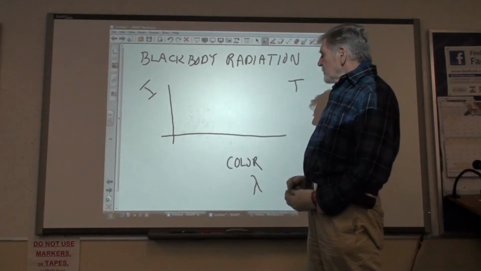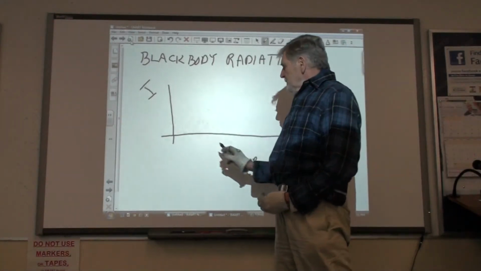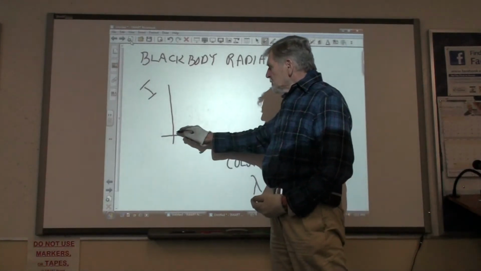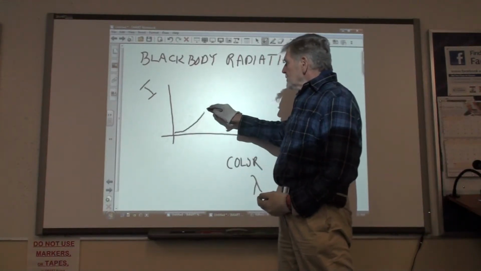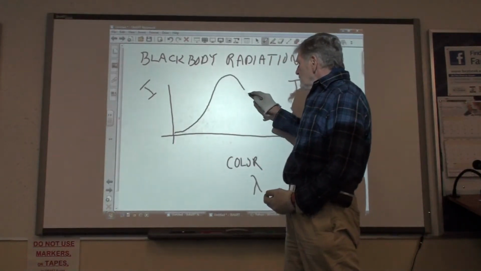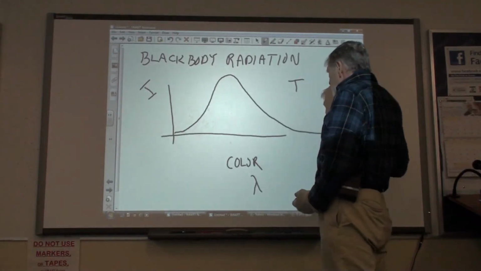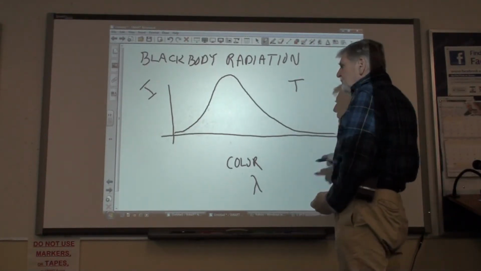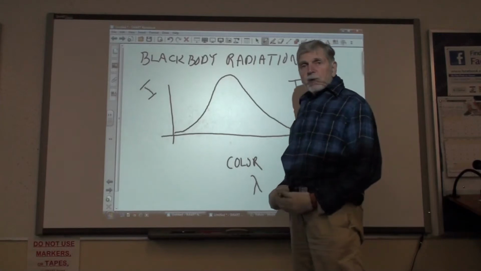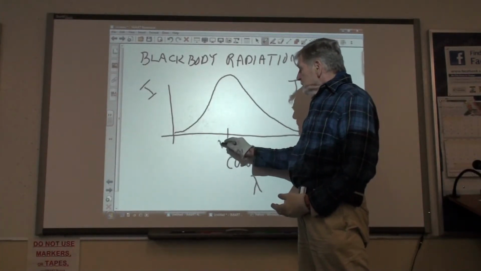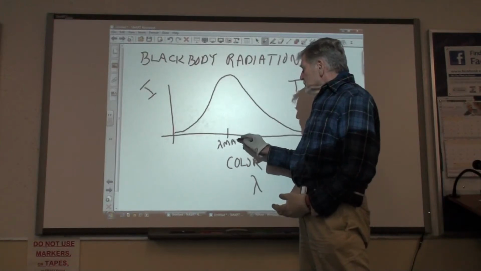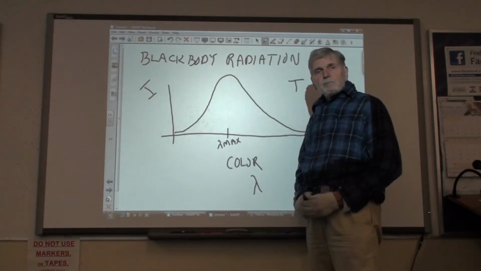So the curve that measures the amount of intensity at the different wavelengths is going to have very little up here in the ultraviolet. Then as we get into the visible colors, it's going to have most of its energy. And as we go back into the radio, it's going to continue to emit, but not as much. So most of its radiation is emitted at some wavelength, which we call the maximum wavelength.